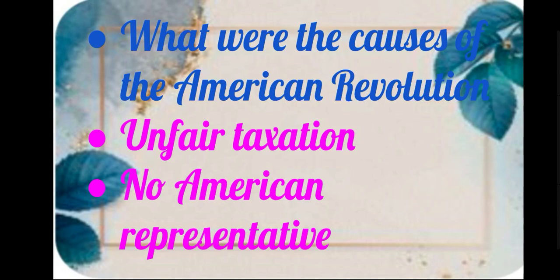Now, what were the causes of the American Revolution? By this comic strip, you might come to the conclusion that unfair taxes, no American representatives were there, isn't it? Okay. The main cause for the American Revolution was the unfair taxation imposed by the British on Americans.